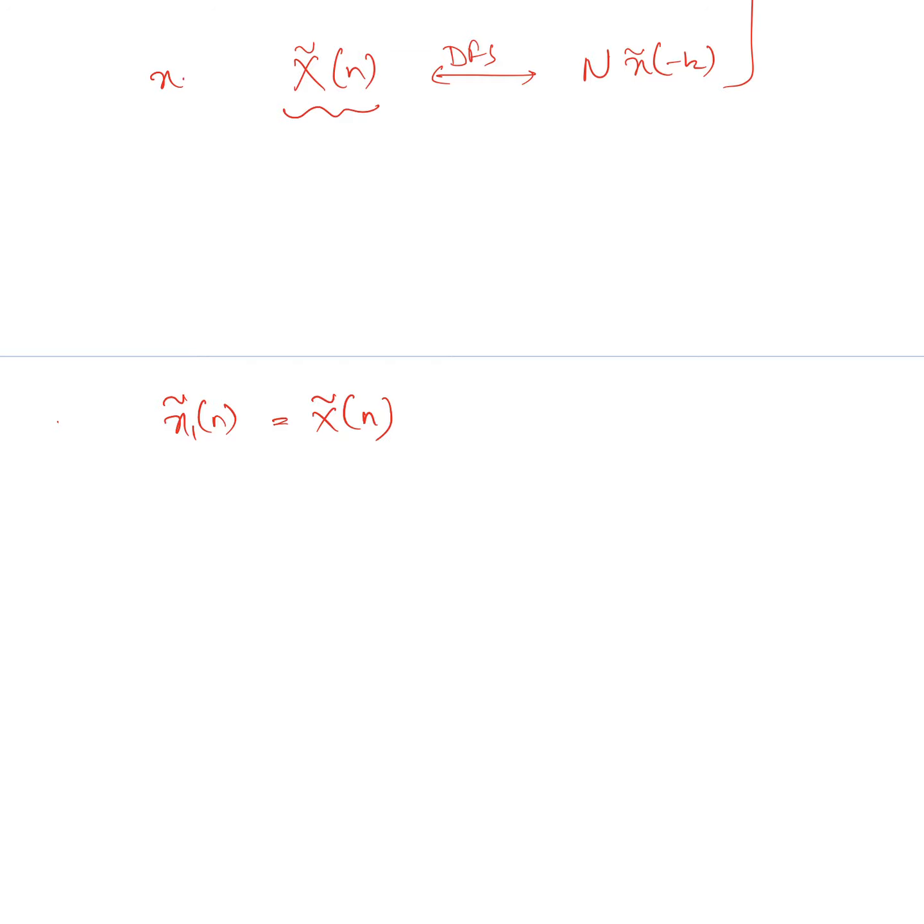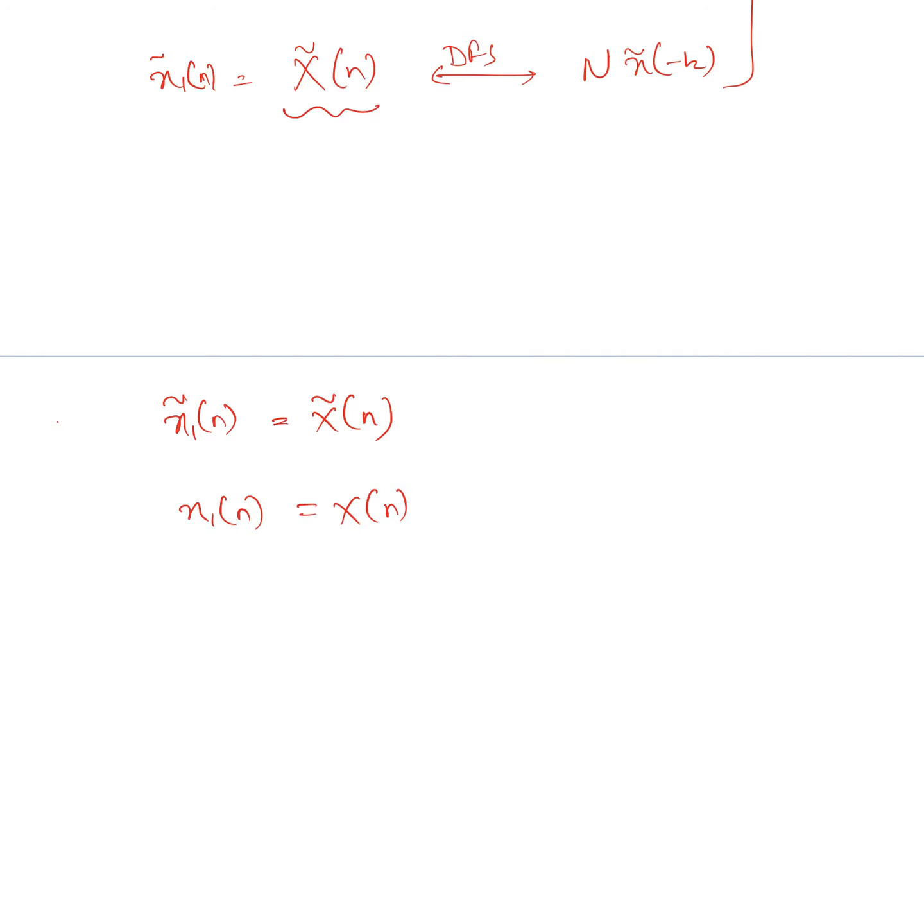So I am putting this x1 tilde of n as this one, another periodic sequence where I have just relabeled the discrete Fourier series coefficients. So what do you see? That one period of this sequence would be the finite length sequence, that is x1 of n equal to capital X of n, right? So I am taking only one period of it.